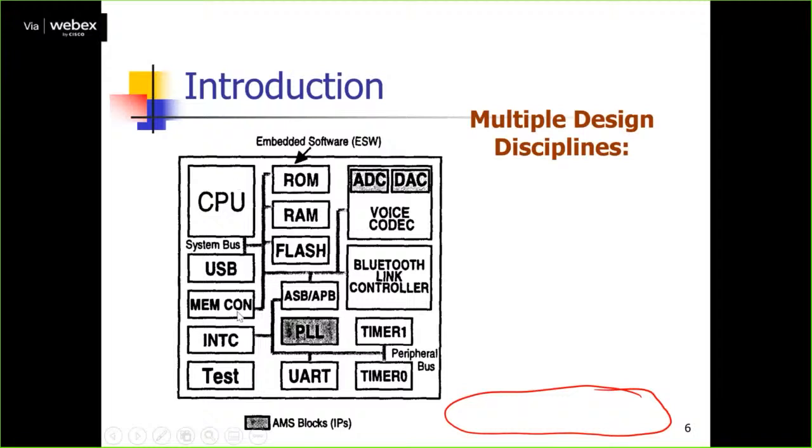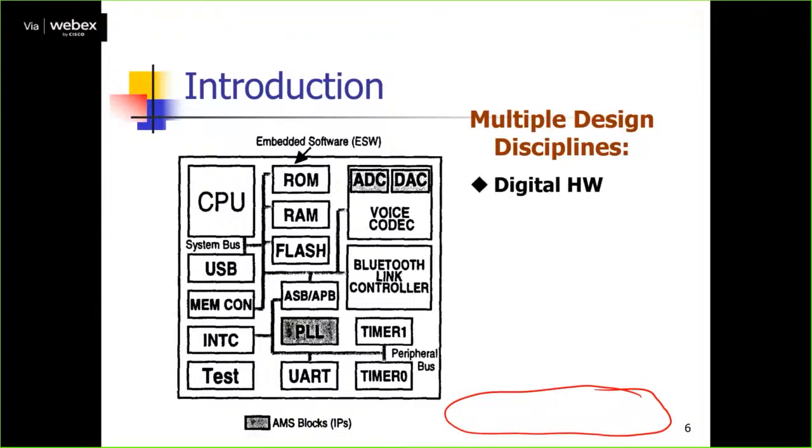Some of them may be digital blocks, some may be analog blocks, some may be mixed blocks like PLL, ADC, DAC, all are analog and mixed signal blocks. Those are all the IPs which are already there, and you are taking care of those things over here.